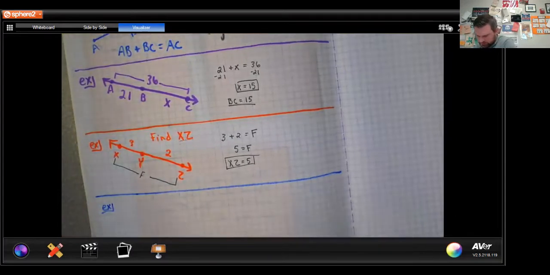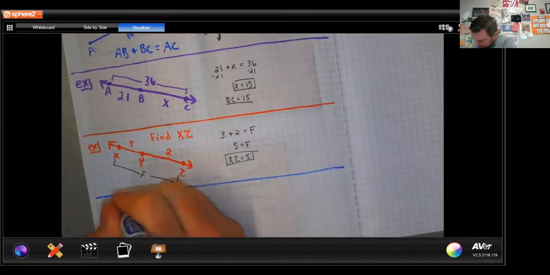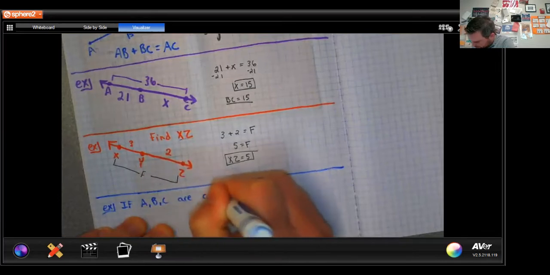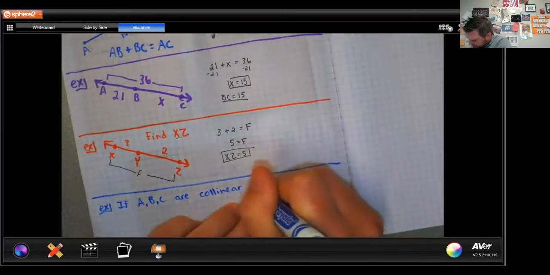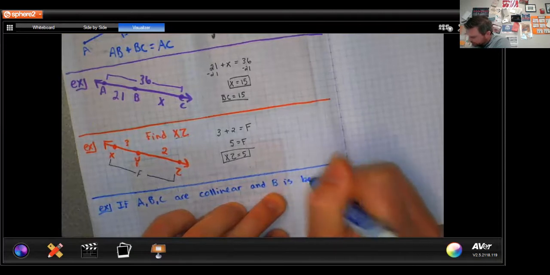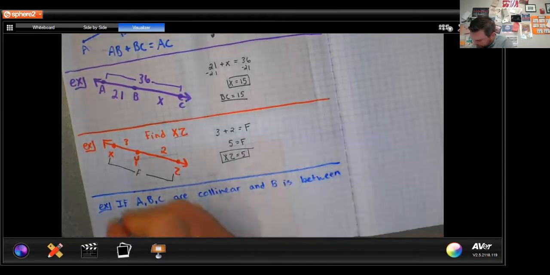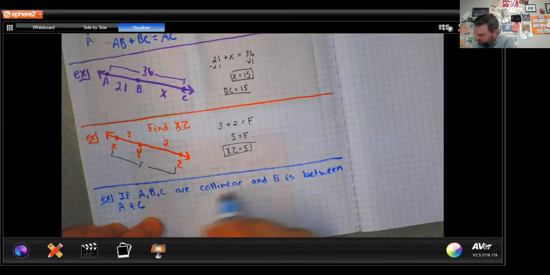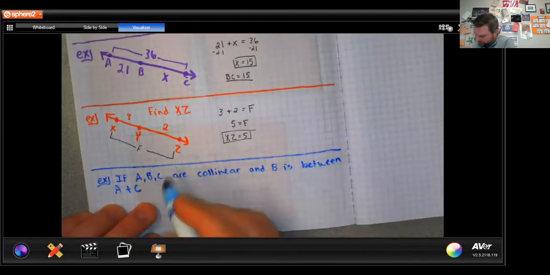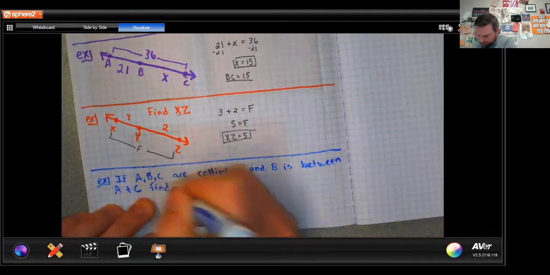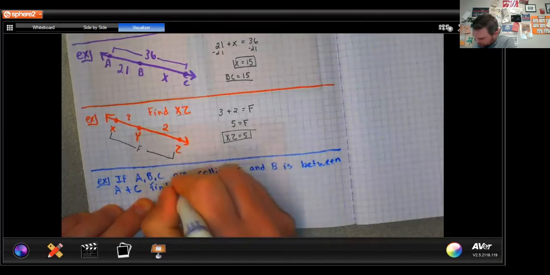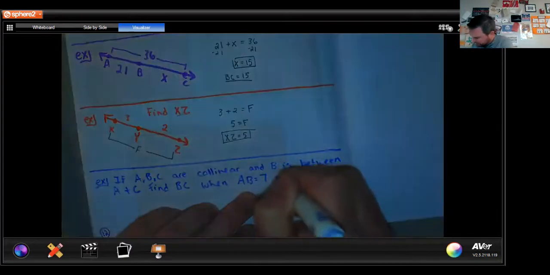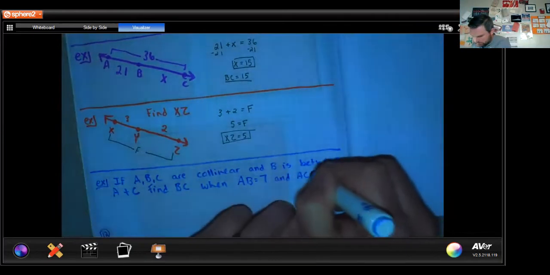All right, so if A, B, C are collinear, and B is between A and C. So if A, B, and C are collinear, which means they're on the same line, and B is between these two, find BC when AB equals 7 and AC equals 21.